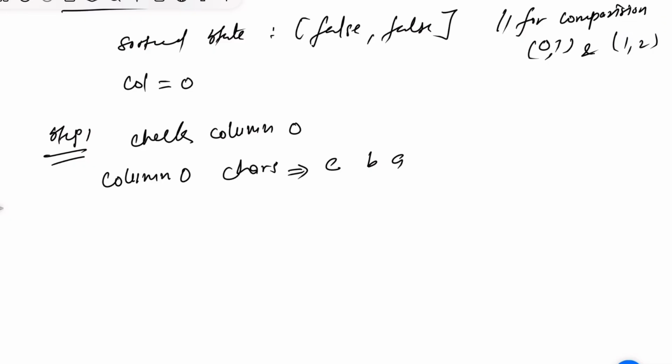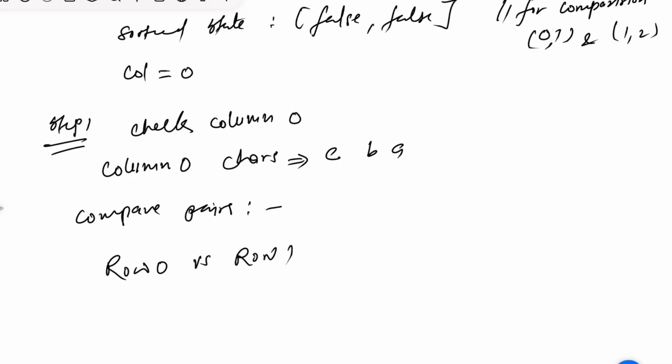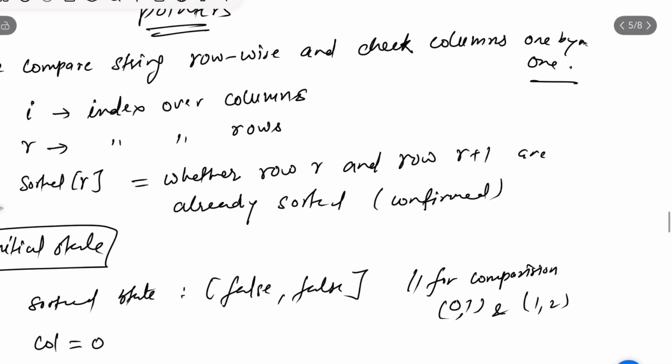So when we have seen that, we should compare the pairs first. We'll compare row 0 vs row 1.